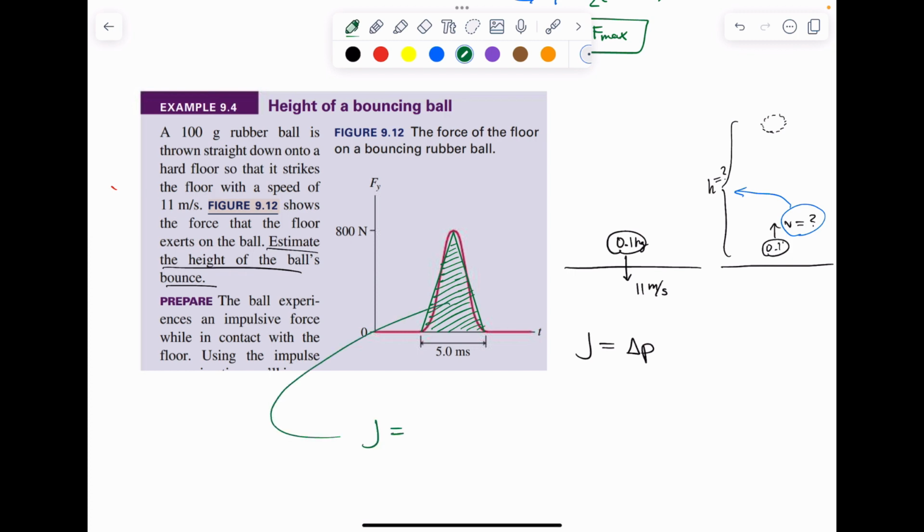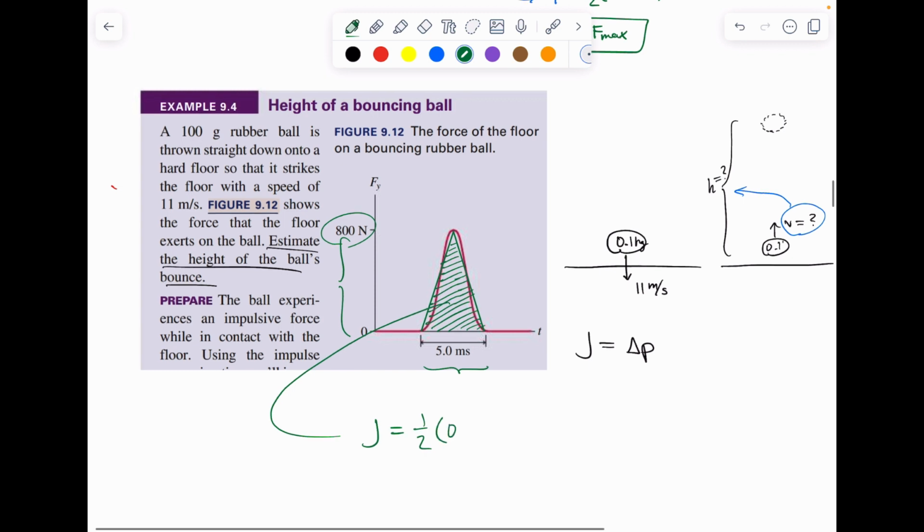J equals, well, in this case, we can calculate it directly because we have the height of the triangle and we have the base. So we don't need to worry about average force. So this can be 1/2 times base. Let's do it in seconds, 0.005 seconds, there's 1,000 milliseconds in a second, times 800 newtons.